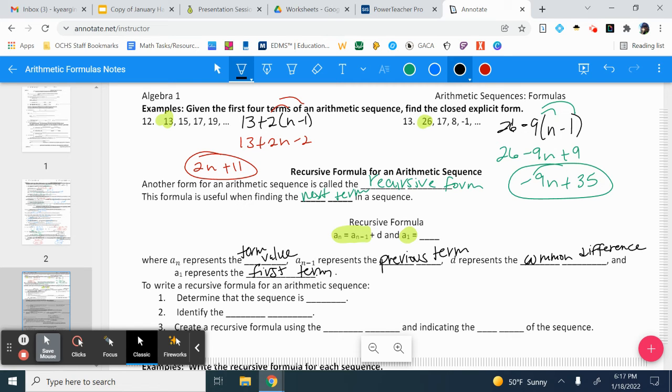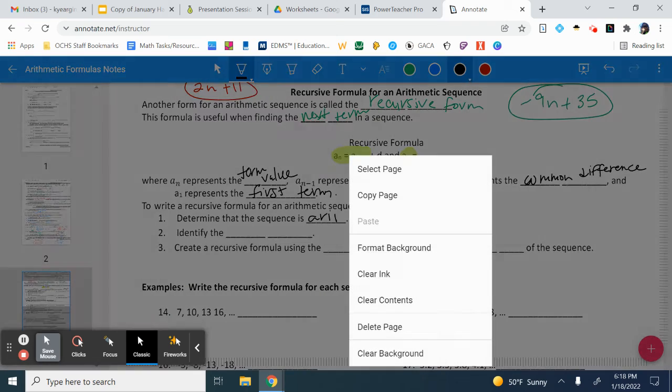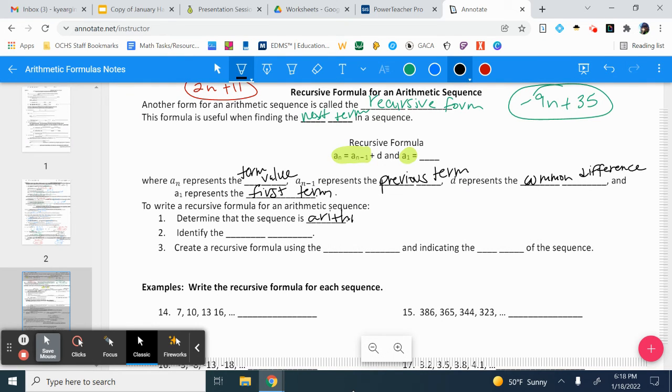So the first thing we have to do in a formula like this is determine that the sequence is actually arithmetic. So I added, you have to make sure that you know that I added to get to the next term. Step 2, make sure that you identify what the common difference is. So what did you add every single time?